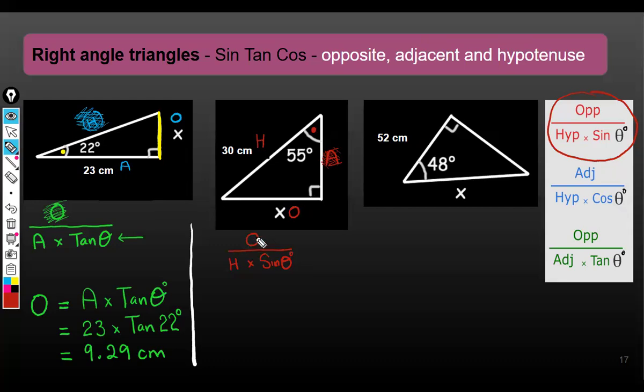So if we want to find the opposite, write O and put an equal sign. Scratch off what we are trying to find. If we scratch off the O, what are we left with in the formula? Hypotenuse multiplied by sine theta.